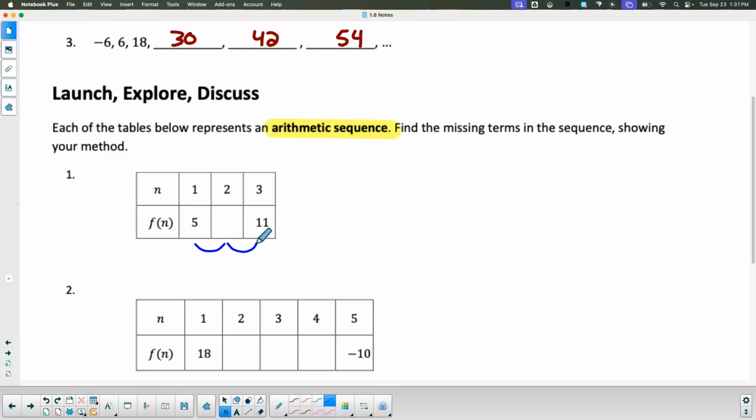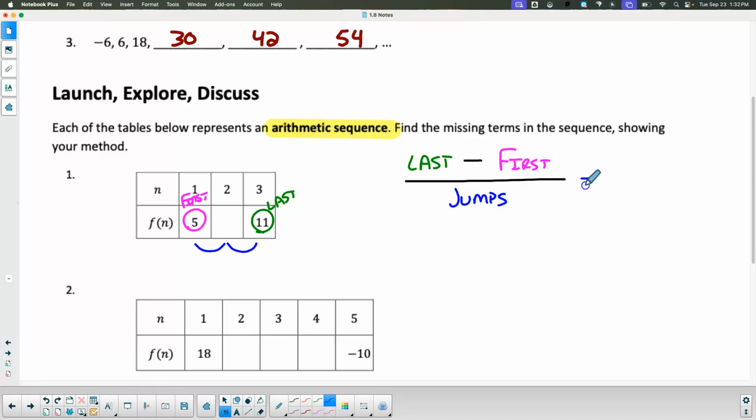I take my last number and subtract off my first number and divide that by the number of jumps.